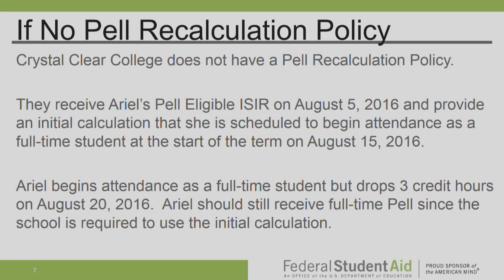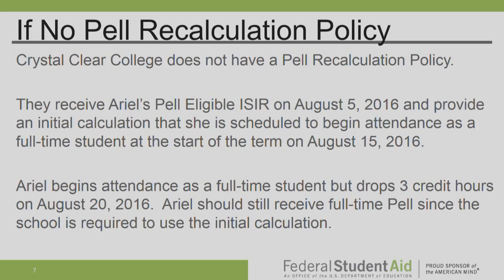So Ariel begins attendance as a full-time student, but then after the term begins on August 15th, do you see that? She drops 3 credit hours on August 20th. Well, we have an initial Pell calculation of full-time status. So guess what? I get to use that initial full-time status because she dropped that class after she began attendance in it.